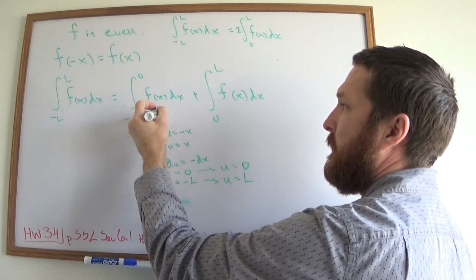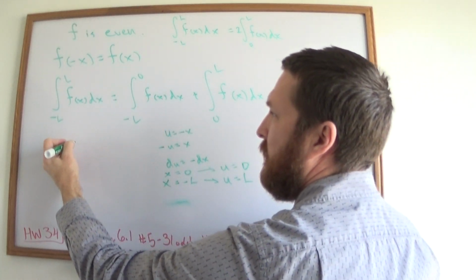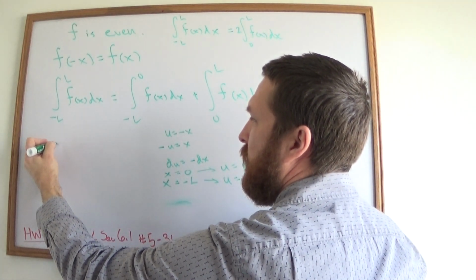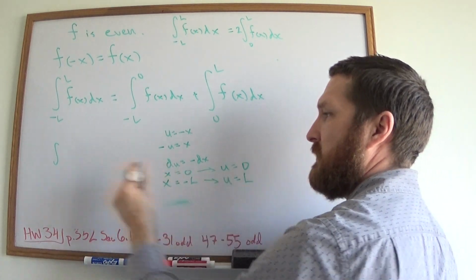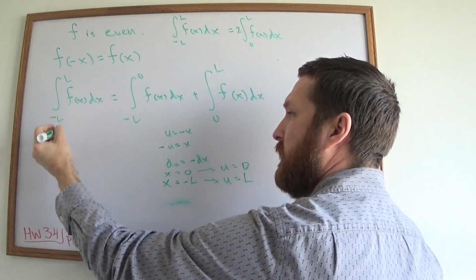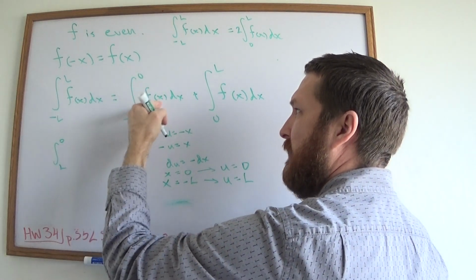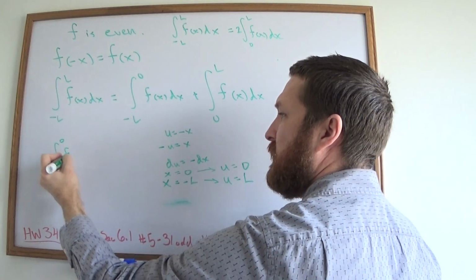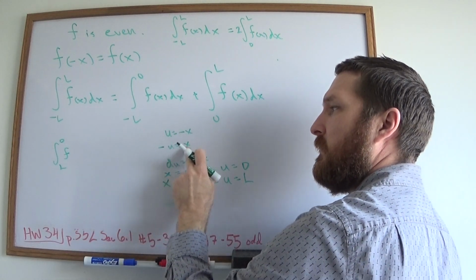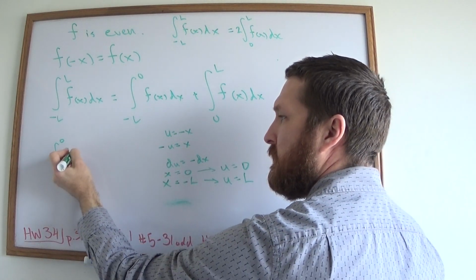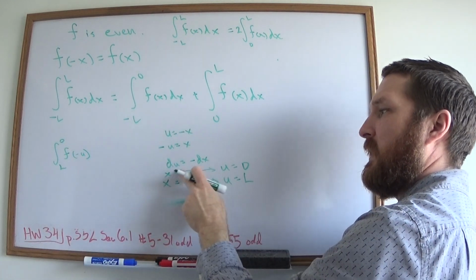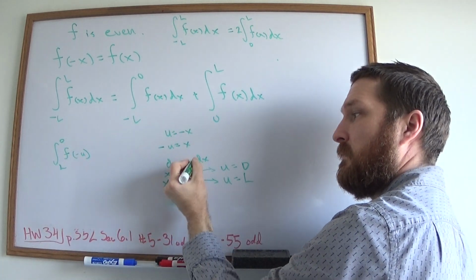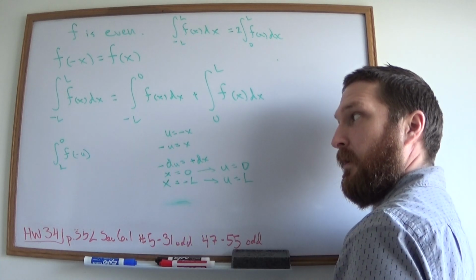So, now, I'm going to take this and go, okay, negative L goes to positive L, 0 goes to 0, f of, now we're substituting u, but x is negative u, so it's f of negative u. dx is negative du, right?